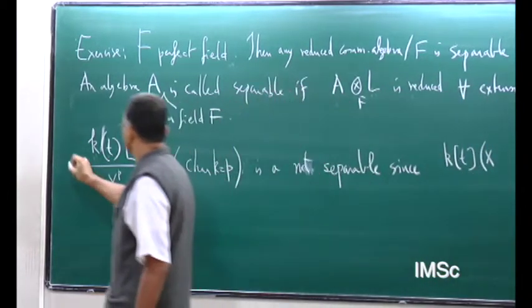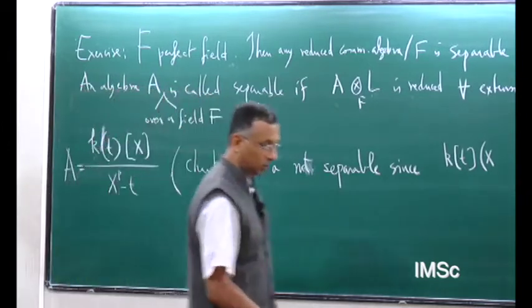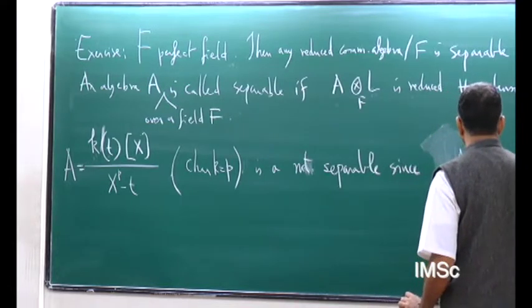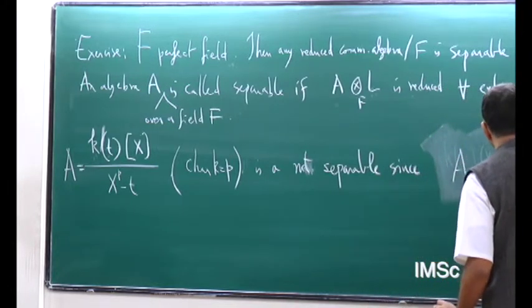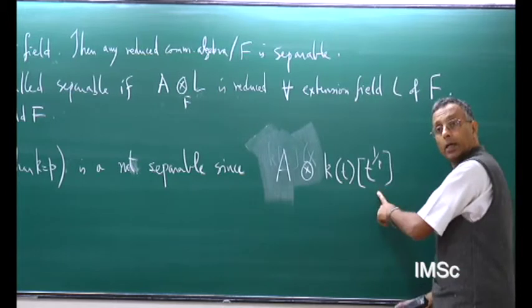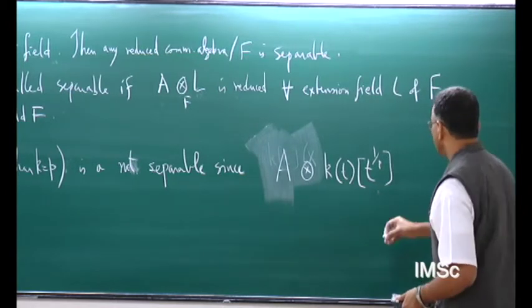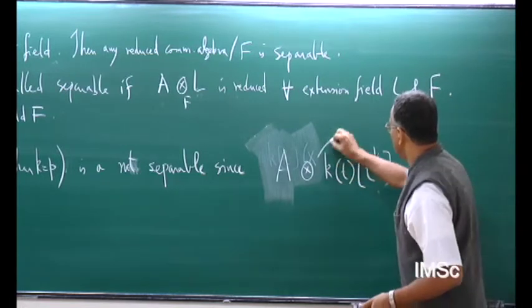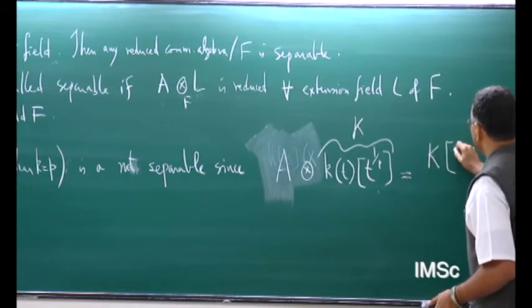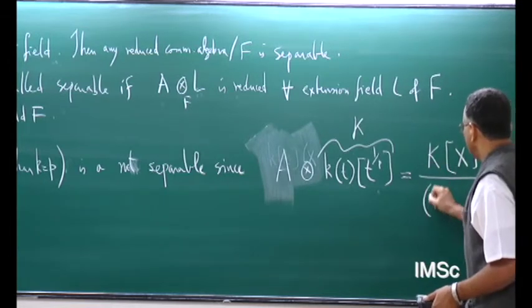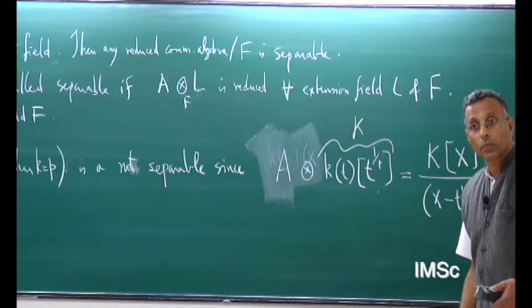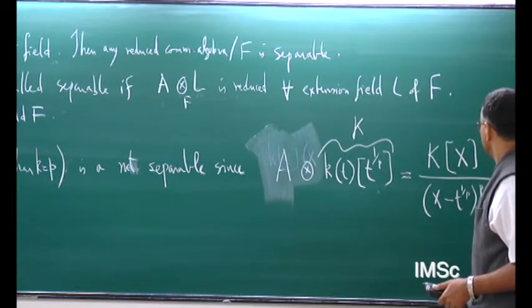So let's call it A. A tensor K(t) adjoin t to the 1 over p. This is the field; I adjoin a pth root. This is equal to, let's call this some other name, capital K maybe, so K[x] modulo (x minus t to the 1 over p) to the p.